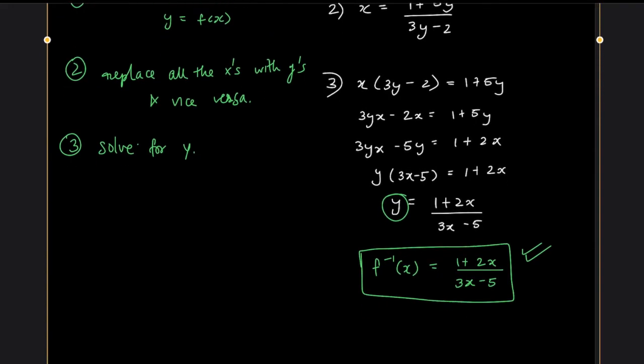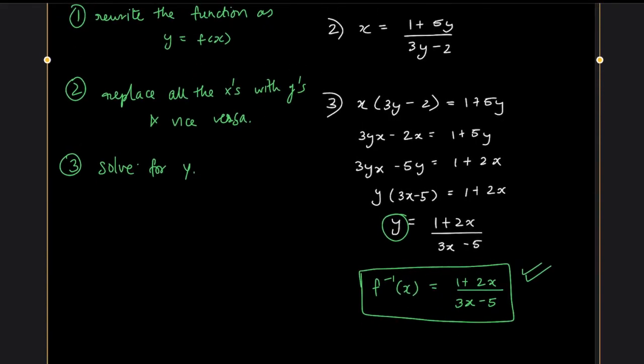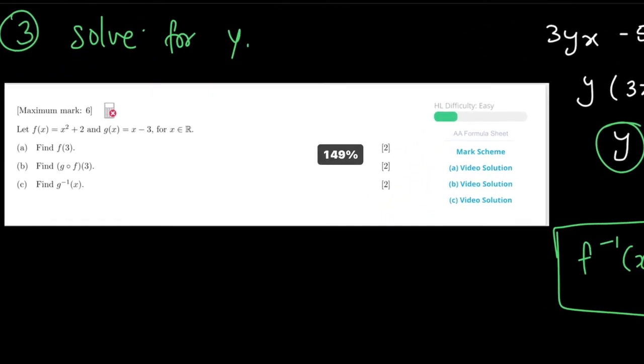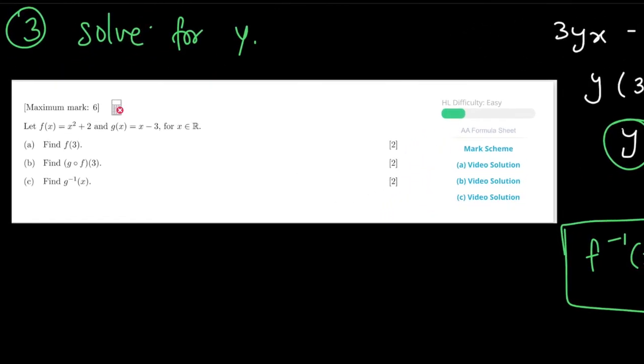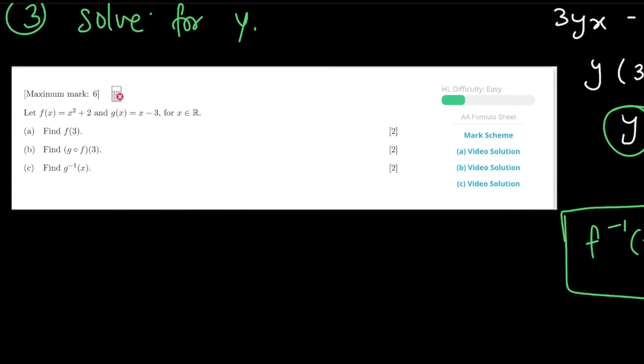Now let's look at the example that we did for composite functions and solve part C. Okay, so this was the question we had before. Since we know how to do inverse functions, we can do part C, and we can find the inverse of g of x. So let's follow our steps.